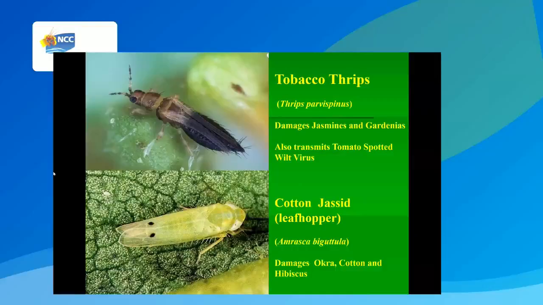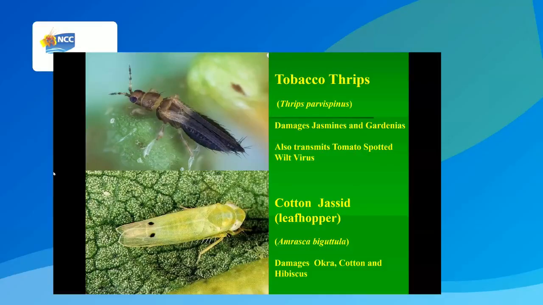Two more examples of recent introductions, invasives into the island, are the tobacco thrips. Well, I talked about thrips earlier, and they're minute pests. They feed on and damage a whole range of plants. And this particular one, the tobacco thrips, has a particular liking for ornamentals like jasmines and gardenias.